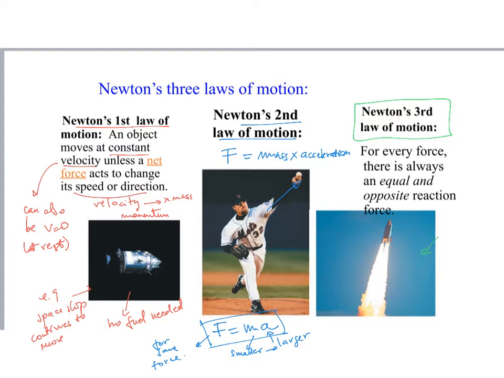And we have this example in which the rocket is propelled upward because it's pushed by a force that is opposite to the force with which gas is expelled out.